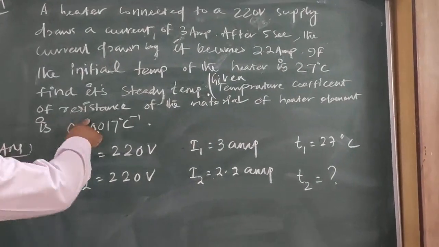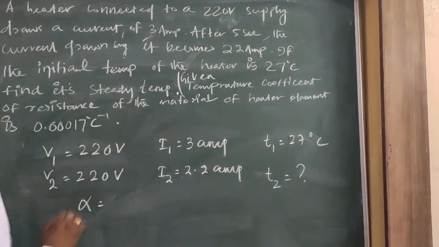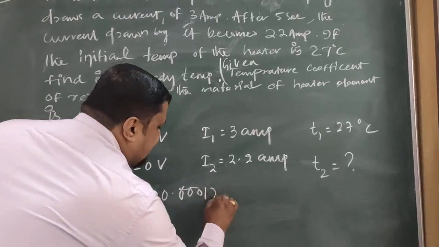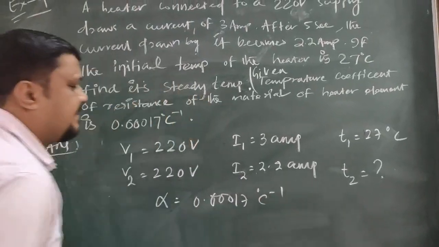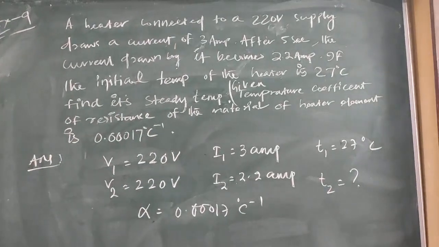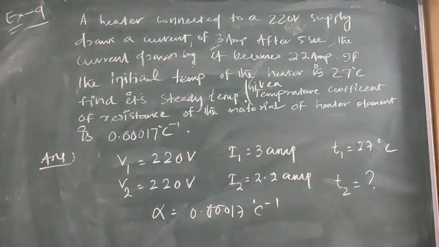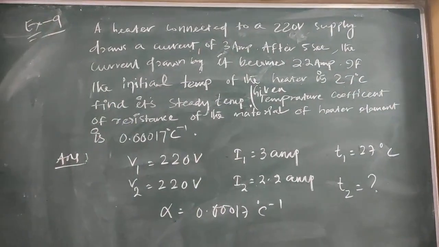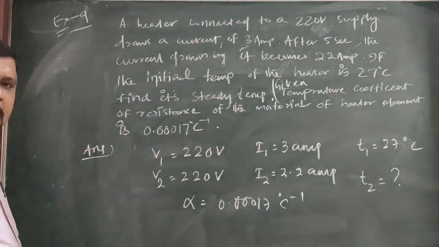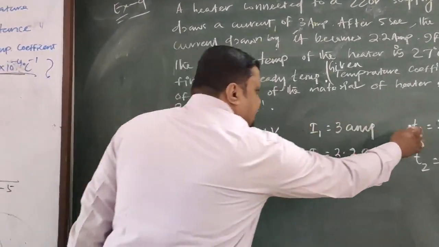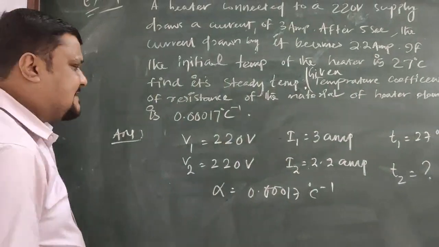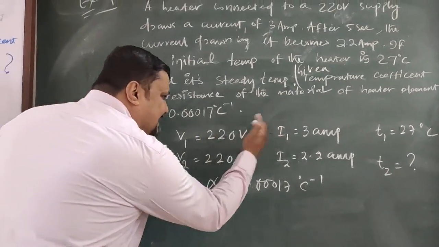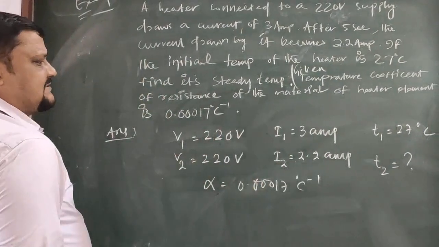Given the temperature coefficient of resistance, alpha is 0.00017 per degree centigrade. So here also you will use the same formula. The potential and current are given. With this potential and current, if you apply Ohm's law, you can know the resistance of the wire at 27 degrees centigrade, because if the temperature changes, the resistance also changes.